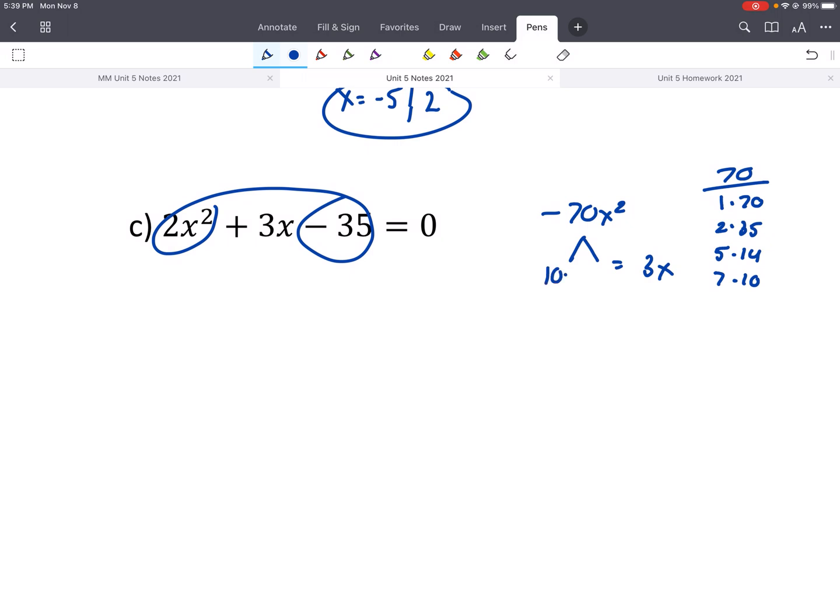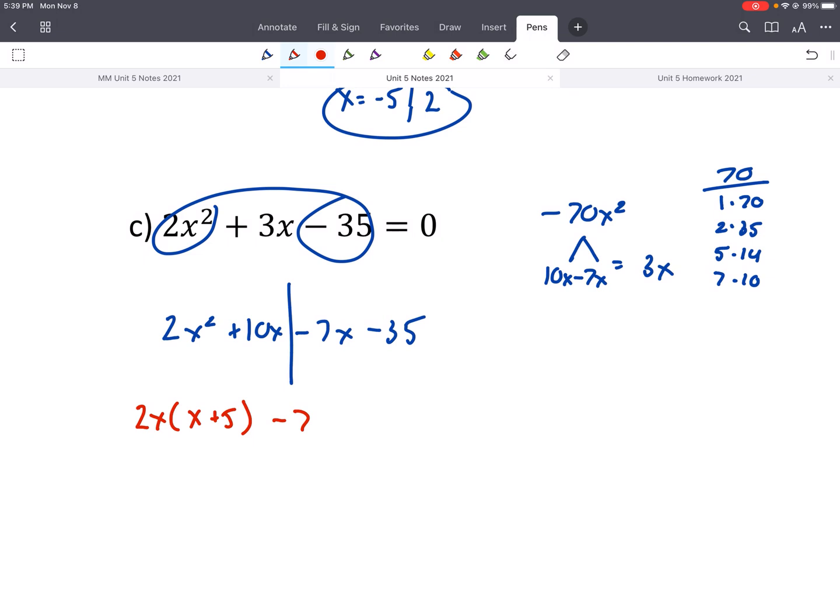We'd maybe do 10x minus 7x. Can't use a shortcut, so we'd have to do plus 10x minus 7x minus 35, and we'd do grouping. So here it looks like we could take out a 2x, and this side we could take out a negative 7.